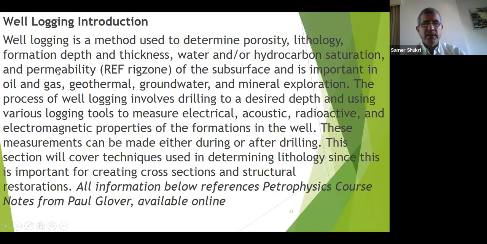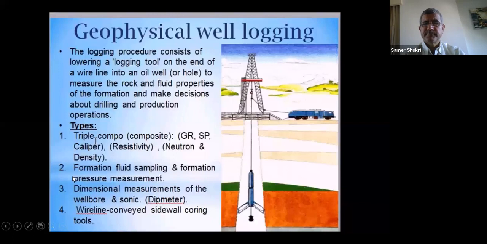Well logging introduction. Here also. You see, this is while drilling geophysical well logging. This is the mast of the derrick, the derrick drilling mast, and this is the tool on the wire line. We run it up and down.